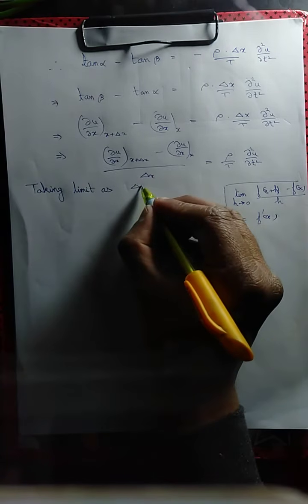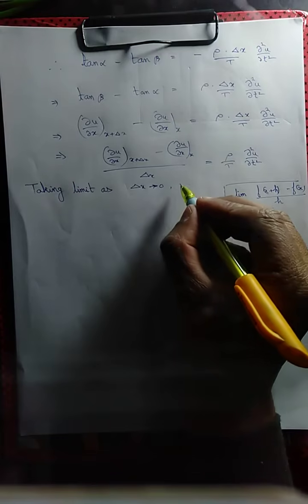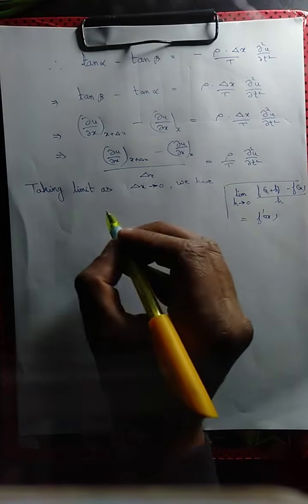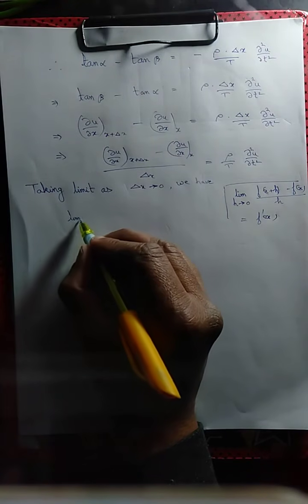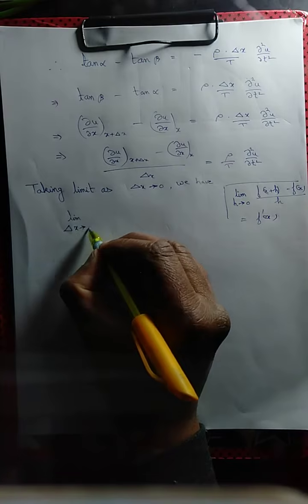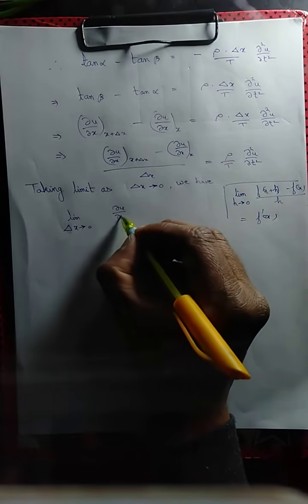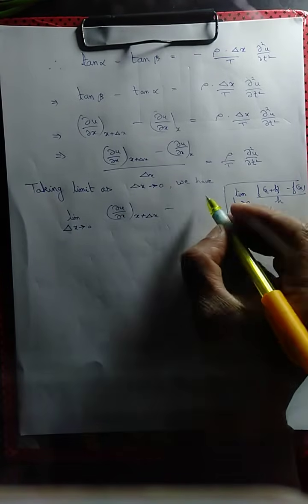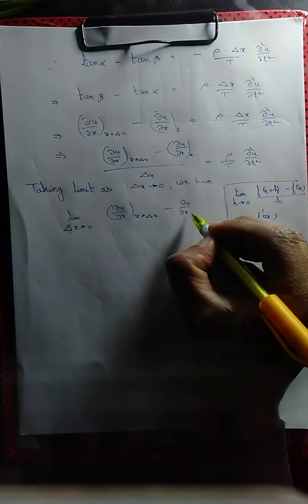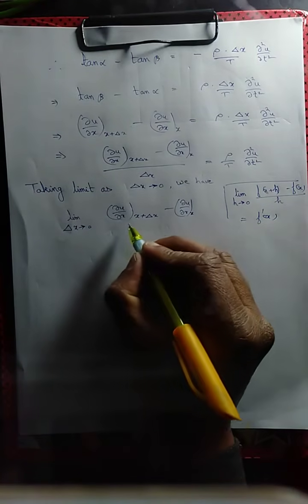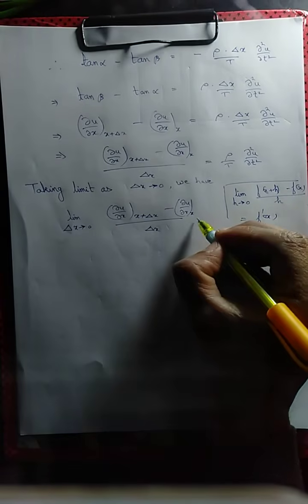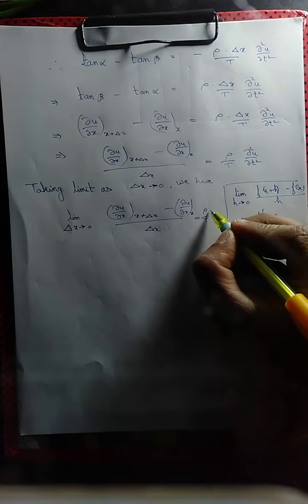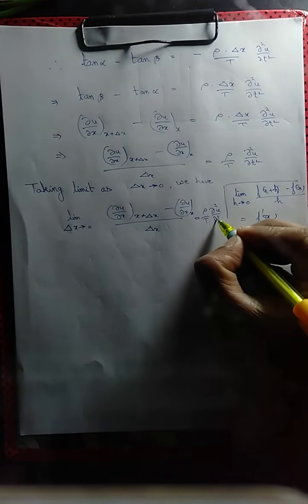as delta x tends to 0, we have the limit as delta x tends to 0 of del u by del x evaluated at x plus delta x minus del u by del x evaluated at x, divided by delta x, equal to, right hand side as it is, rho by T del 2u del t square.